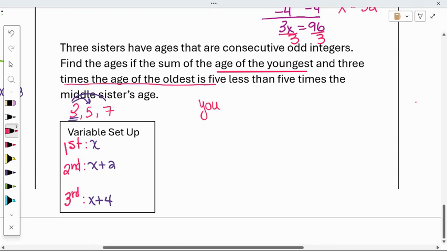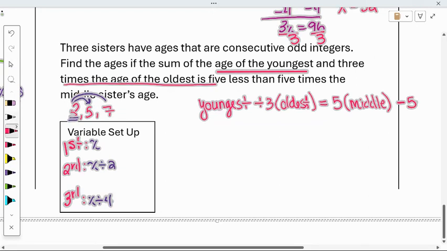So I'm going to take the youngest plus 3 times the oldest is, that means equals, 5 less than 5 times the middle. So 5 times the middle minus 5.